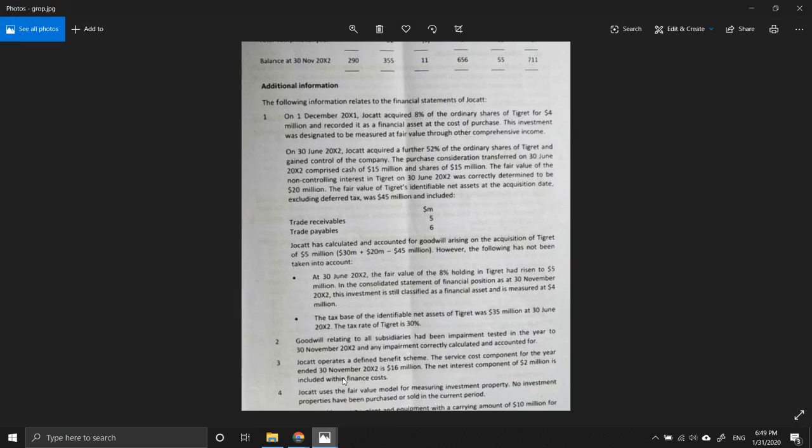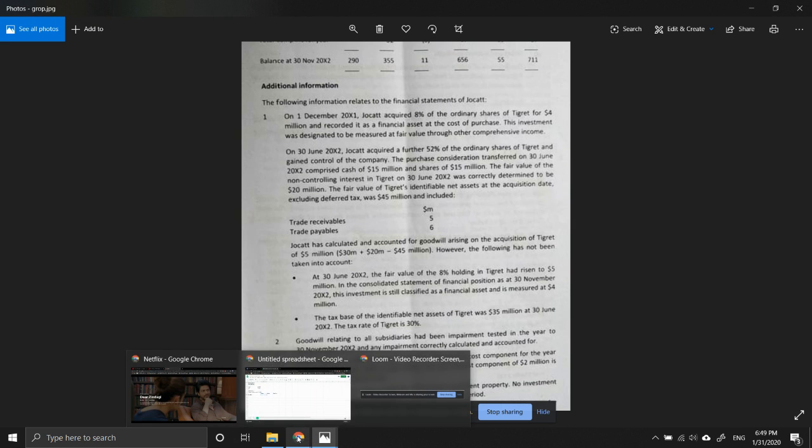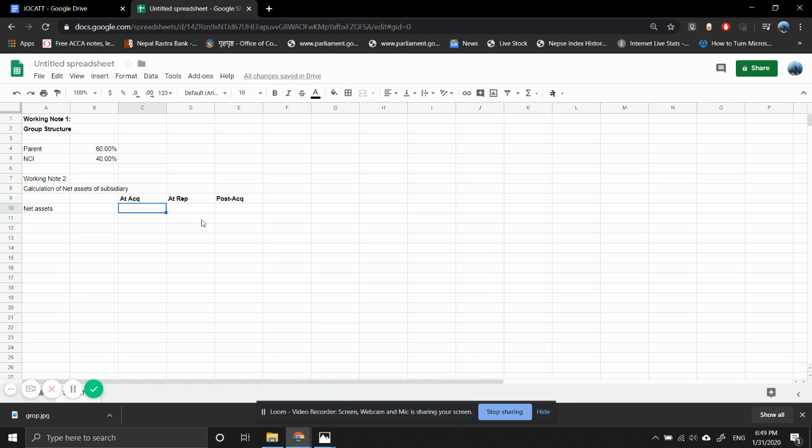So it should include this too, because that is also part of net assets, right? So it's 45, straightforward. And then we don't need anything for reporting and post acquisition because we are only calculating goodwill.